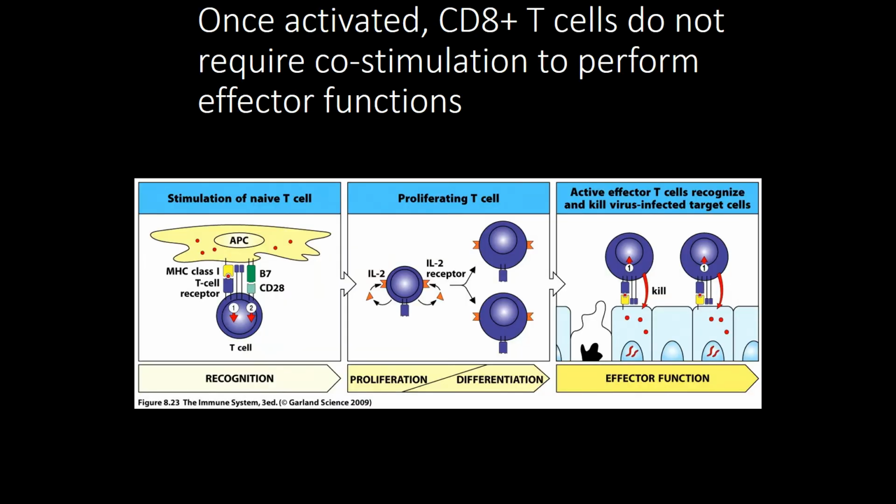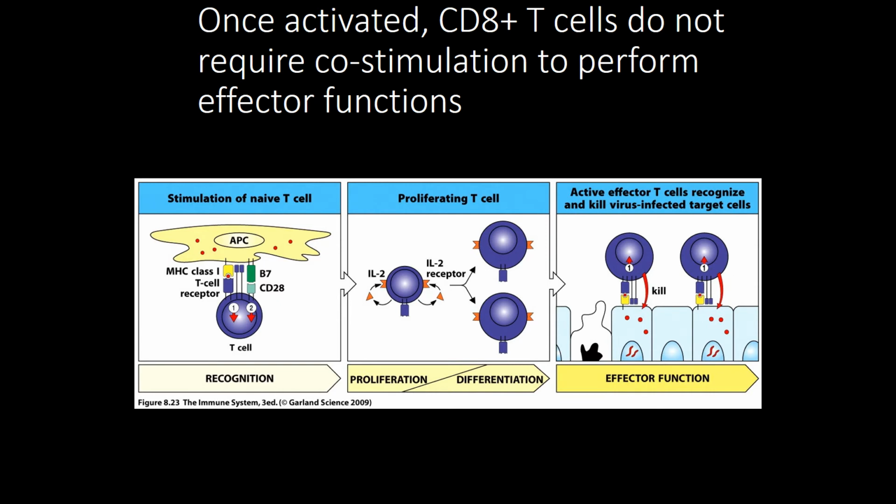Now, once activated, so you've got these naive CD8 cells that have become stimulated in recognition. They recognize this, and then they proliferate, and they produce interleukin-2 once they become activated.